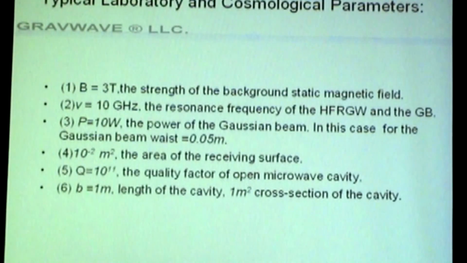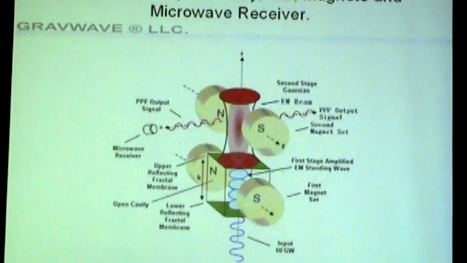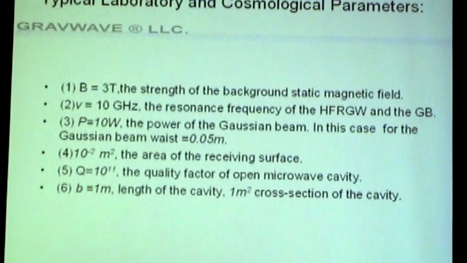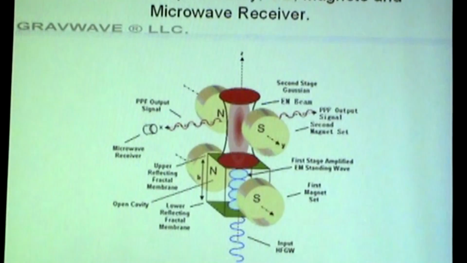The quality factor of the open microwave cavity, which is here, is assumed to be 10 to the 11th, and the distance, to give you an idea, the distance here, E, is about 1 meter. So this is something that could fit into the length.